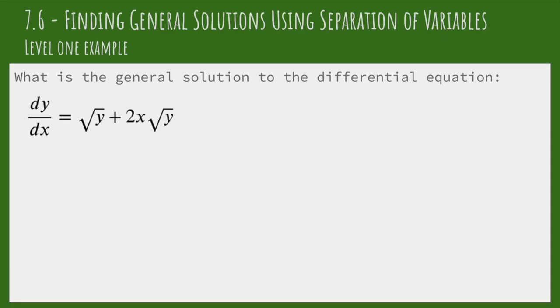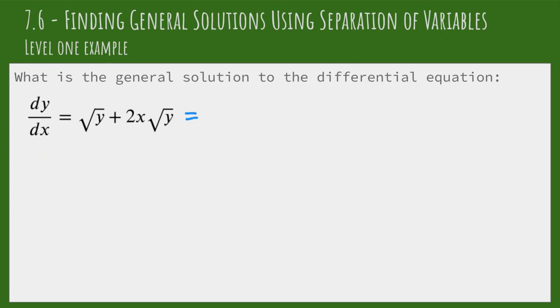So last example, this one's a little bit tricky. It may be tempting to maybe subtract the square root of y on both sides to get that square root of y on the other side. However, remember our differential needs to be multiplied by the entire expression of y and the entire expression of x. So to handle that, what I want to do here is actually factor out the square root of y.